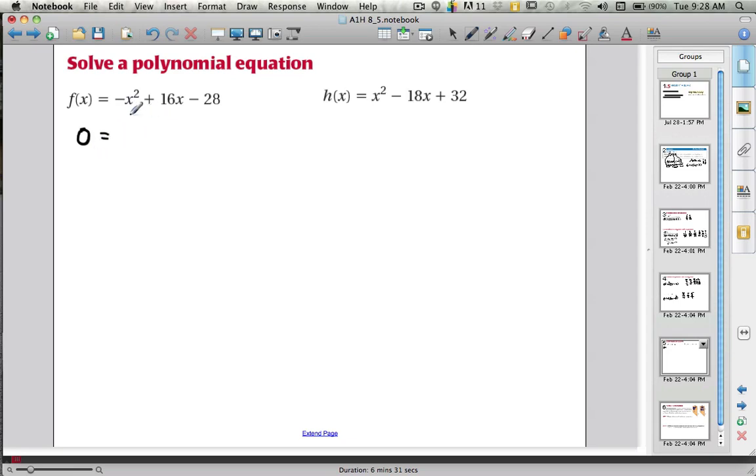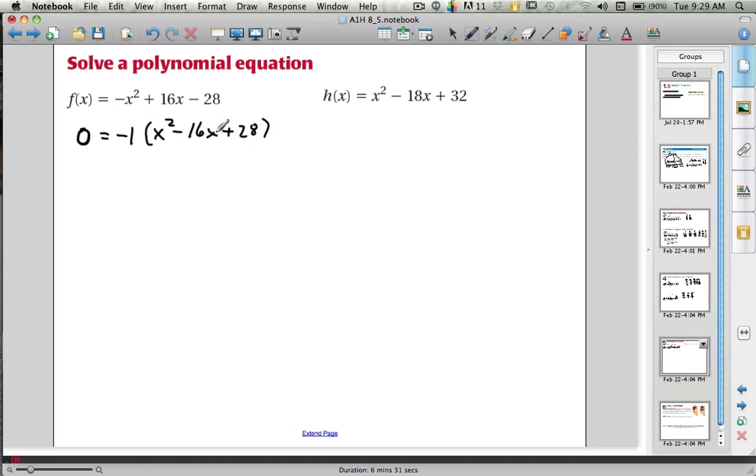And in this case, you can see this is a little problematic because I have a negative leading coefficient, and that makes things a little difficult. When I have a negative leading coefficient, I'm just going to factor a negative 1 out of everything. So then this negative x squared becomes x squared, 16x becomes minus 16x, and minus 28 becomes plus 28.